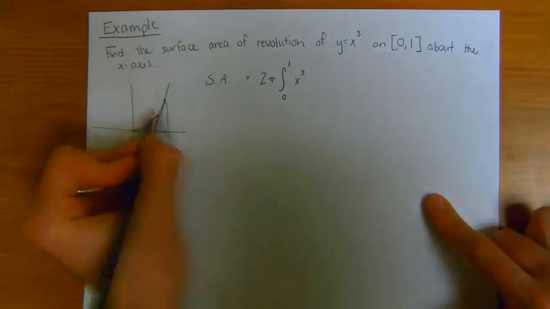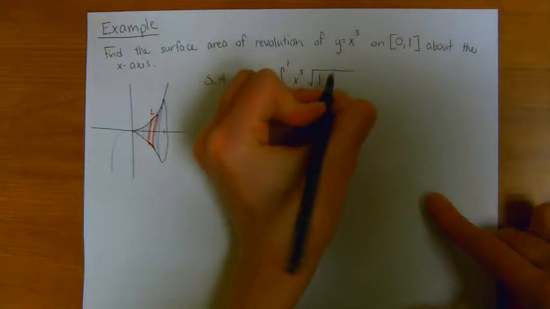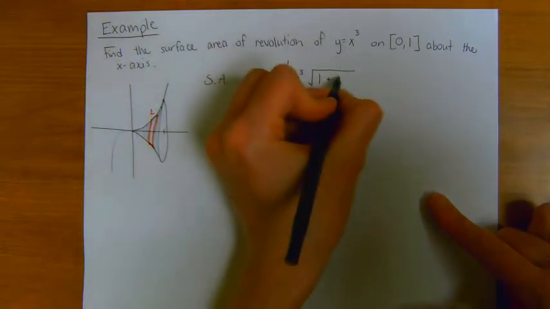And then I'm going to multiply it by L. L in this case is the square root of 1 plus the derivative squared.